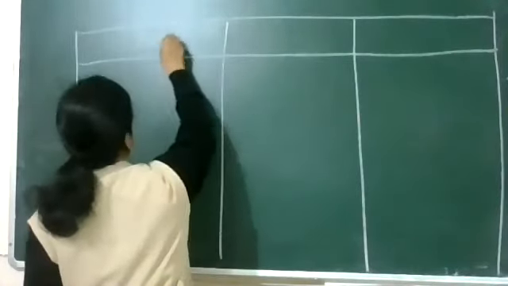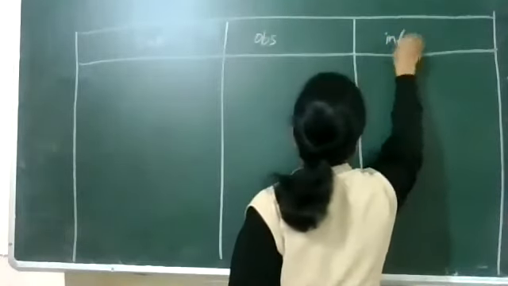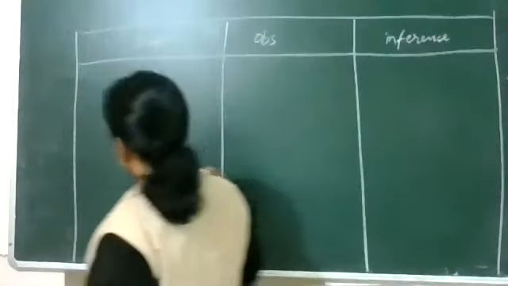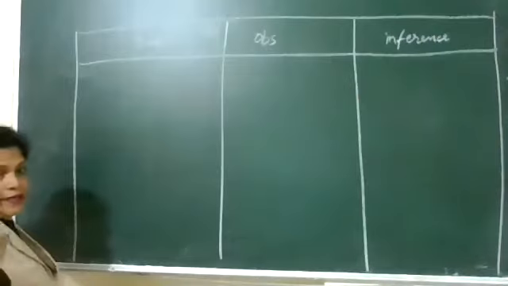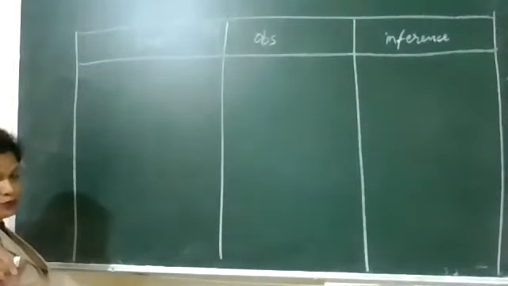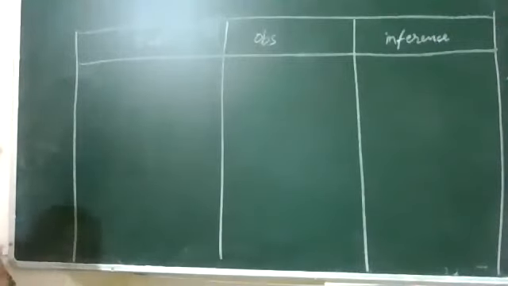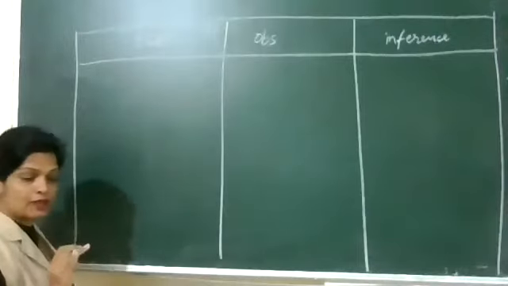experiment, observation, inference. So for the confirmatory test, first we are adding dilute H2SO4. You have 5 acid radicals in that dilute H2SO4. One is carbonate, where you will be getting brisk effervescence. One is sulfide, you will be getting a rotten egg smell.